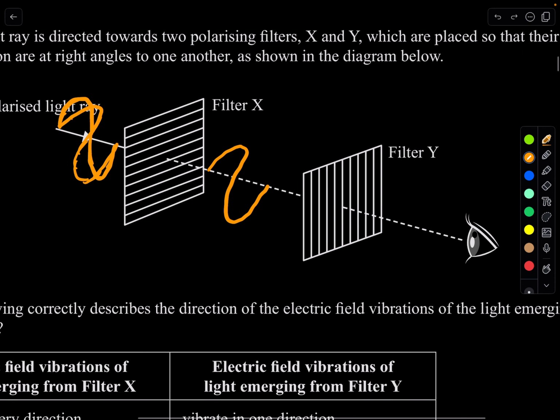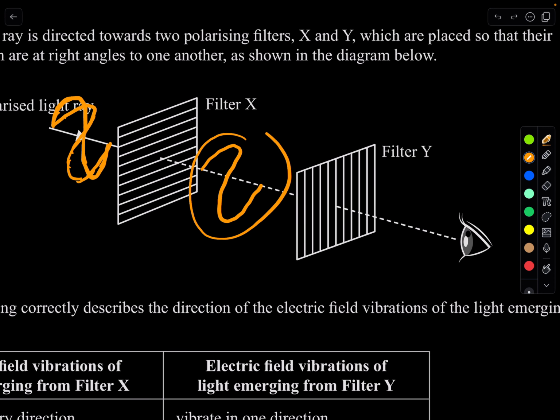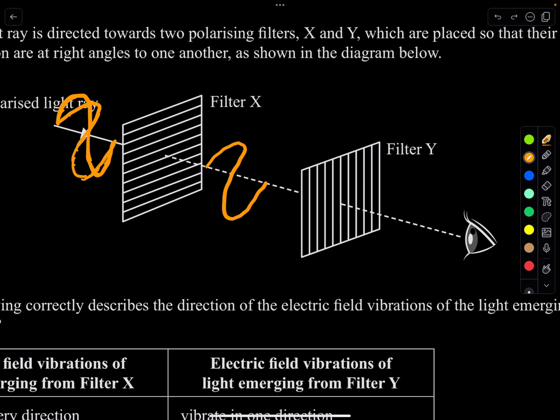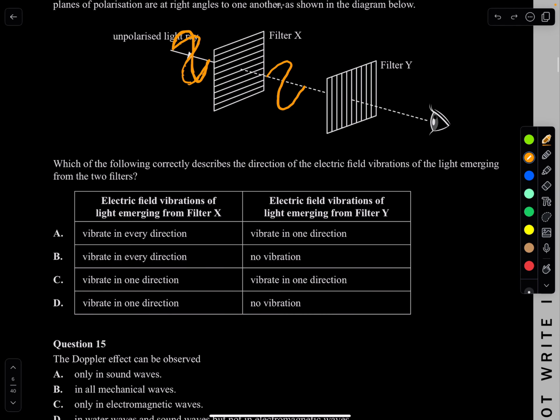And as it passes through filter Y, this is going to delete this horizontal, because remember, this is a filter that has vertical and only lets the vertical ones pass. And so whatever this guy's seeing, he's not going to be seeing anything. So let's have a look.